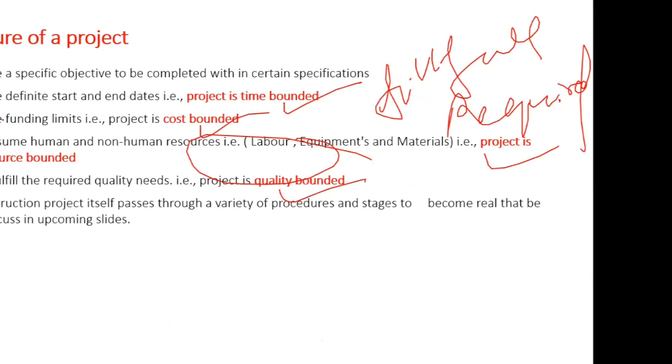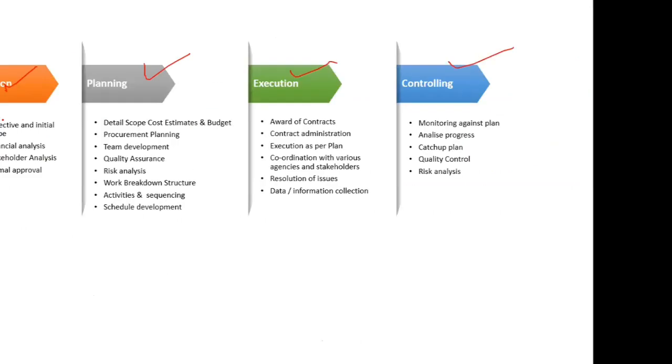Now, these are the stages in any project. I will not go into much detail in this session, just a brief look at what happens in the initiation stage. You only define the objective and the initial scope of your project, along with financial analysis, stakeholder analysis, and formal approvals. What does it mean? Let's suppose you have decided that you need to connect your town to the city.